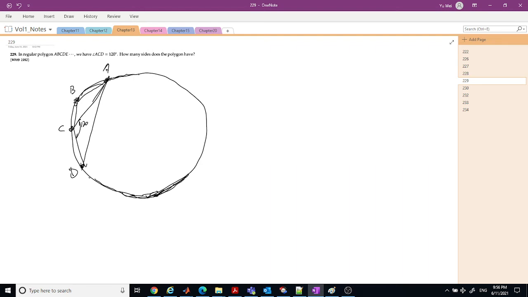So this arc, the inscribed angle is 120, so this arc is 240 degrees, right? Now we know this arc is 120, because 240 plus 120 is equal to 360.